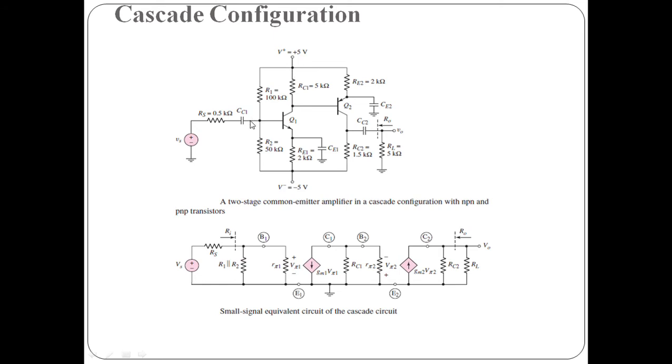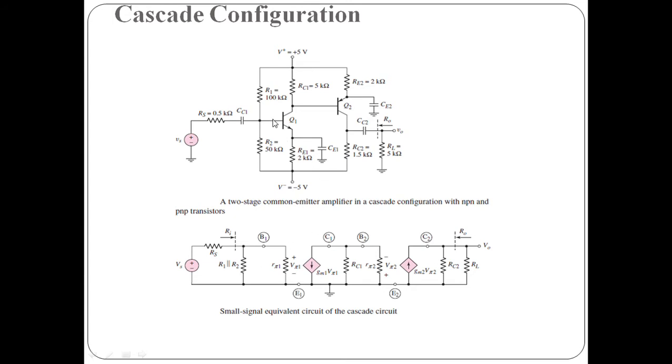If I short circuit my capacitor and my power supply, the small signal equivalent circuit of the cascade circuit is shown in the figure, where Vs in series with Rs is present in the circuit, and R1 and R2 form a potential divider, which provides biasing for the circuit. So I'm going to replace R1 and R2 by a biasing resistor RB, which is equal to R1 parallel with R2.